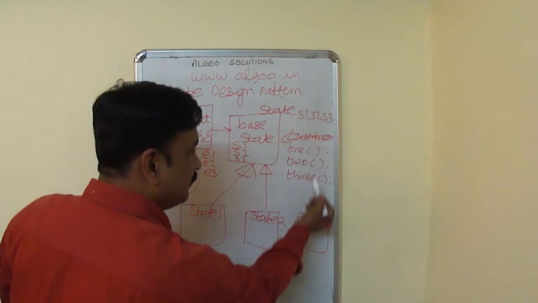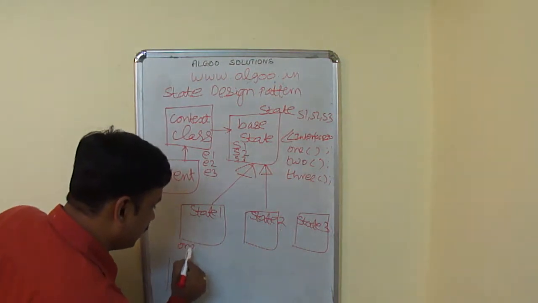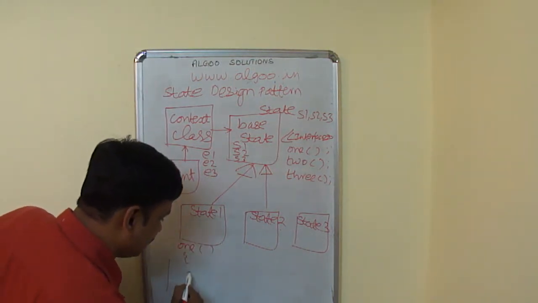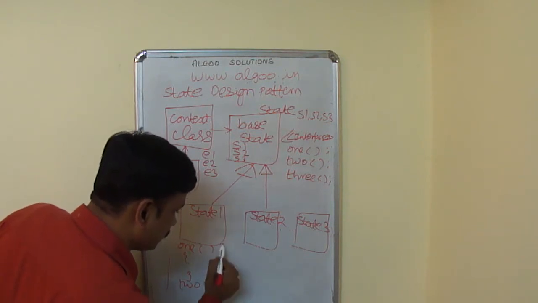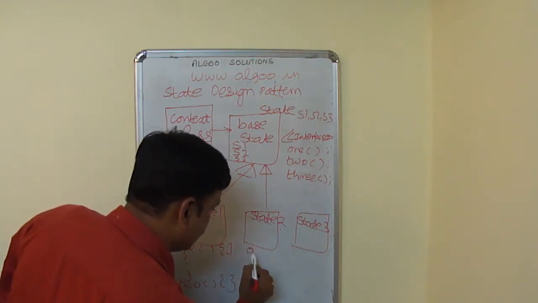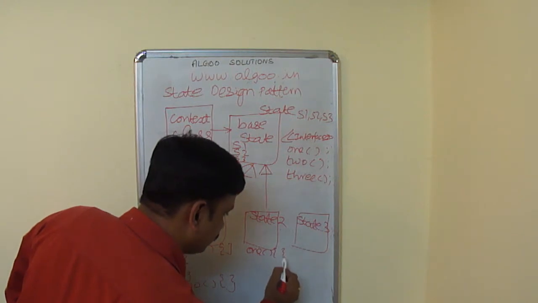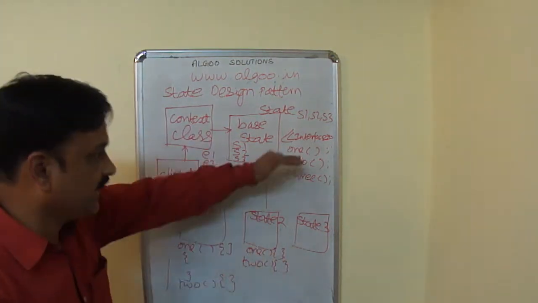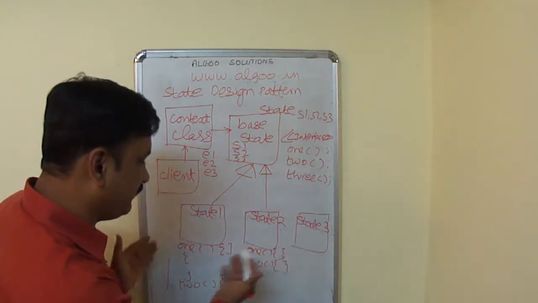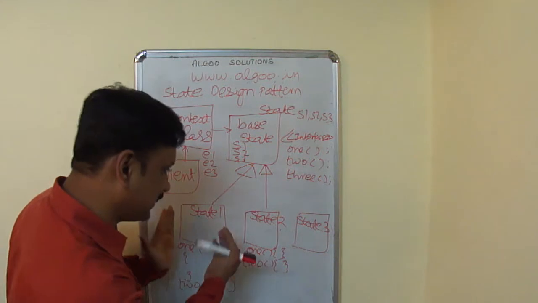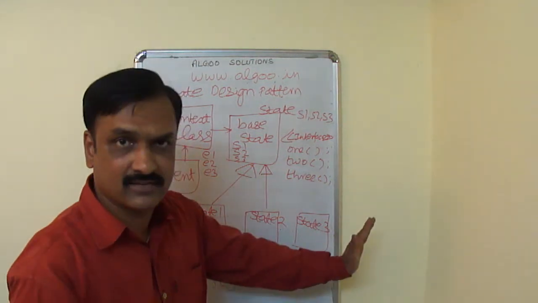Now all these three behaviors will be implemented separately in all the derived classes. There is 1 here and there is 2 here. Now the name of the function is the same, but since they are derived classes, all these behaviors will be implemented separately in each of the derived classes.